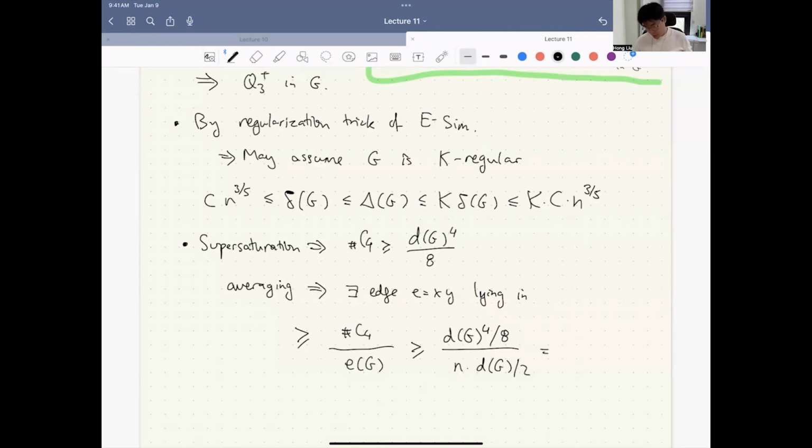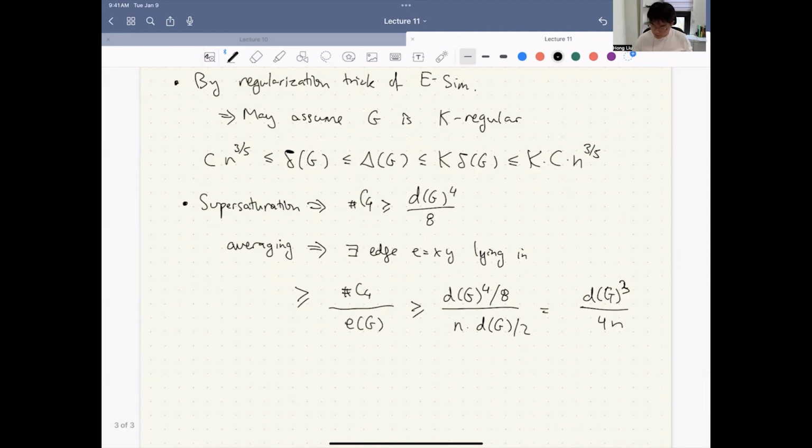So this equals d(G) to the 3 divided by 4, with an n here. So this is bigger than, let's write down what this number is, C3 n to the 9/5 over 4. So this is n to the 4/5. This is the number. This many C4s.